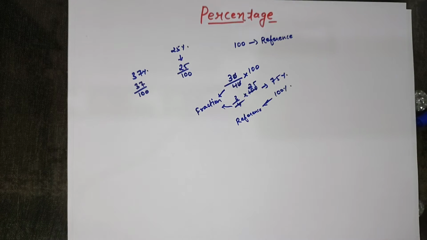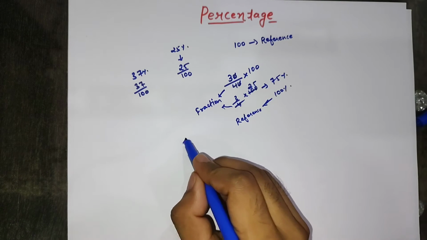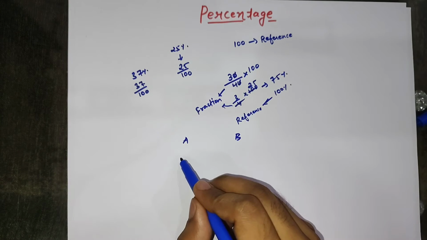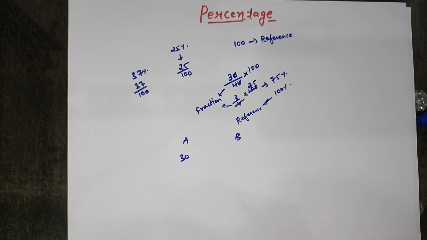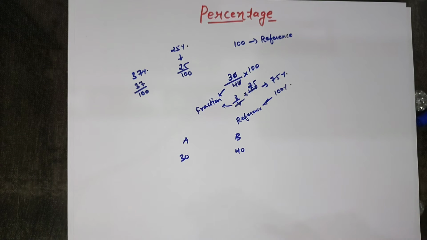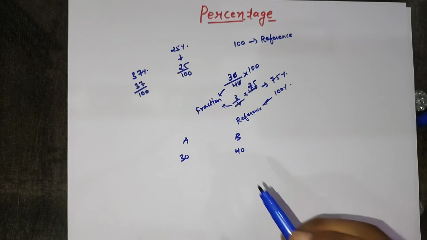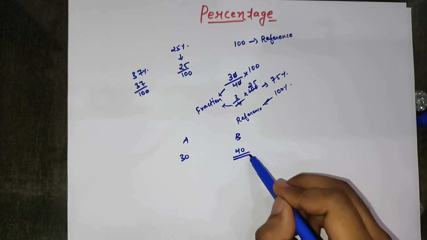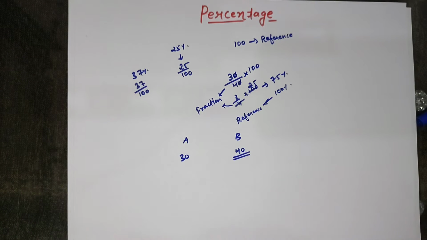Taking another example, say there are two students studying in two different schools, A and B. The student in school A got 30 marks, and the student in school B got 40 marks. Now if I ask which student got more marks, you'll definitely say the student from school B got more marks.